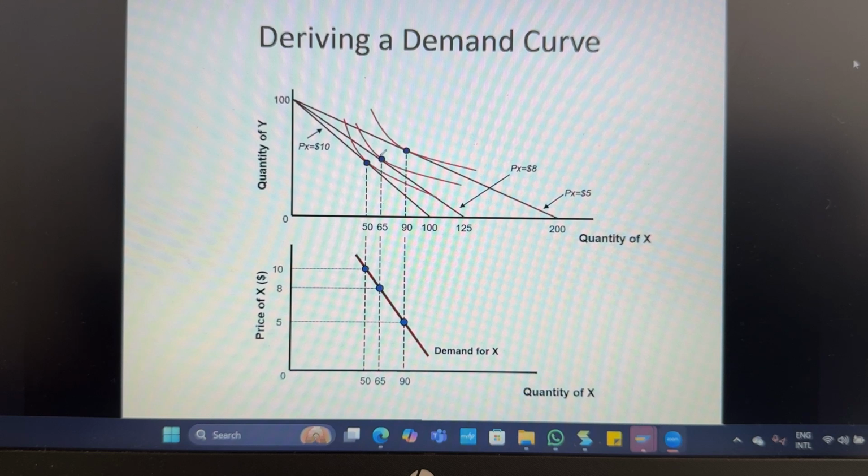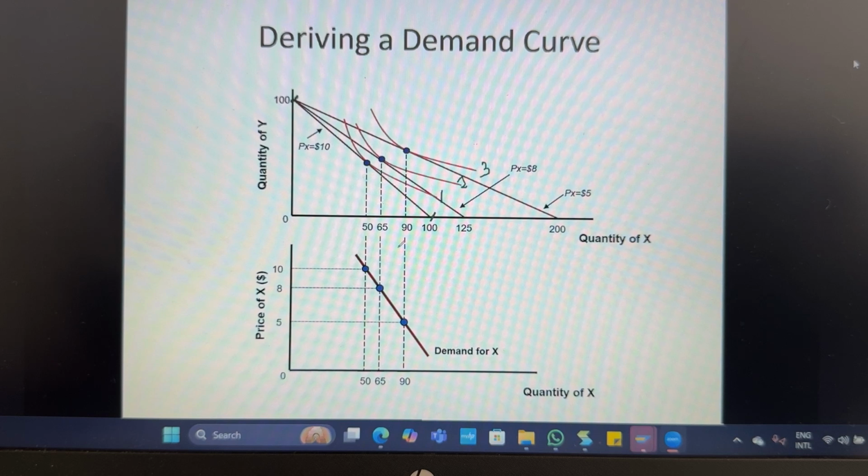First, consider this your budget line, starting from 100 and ending at 100, and your indifference curves here, 1, 2, 3.